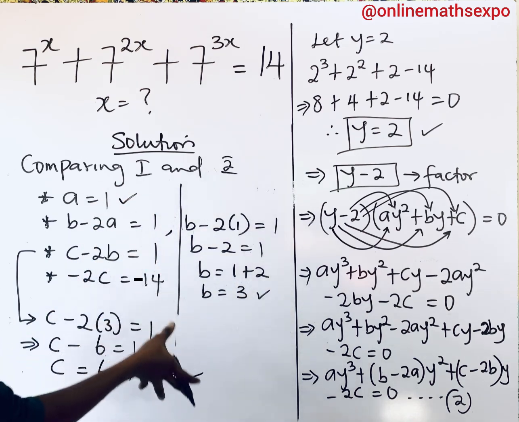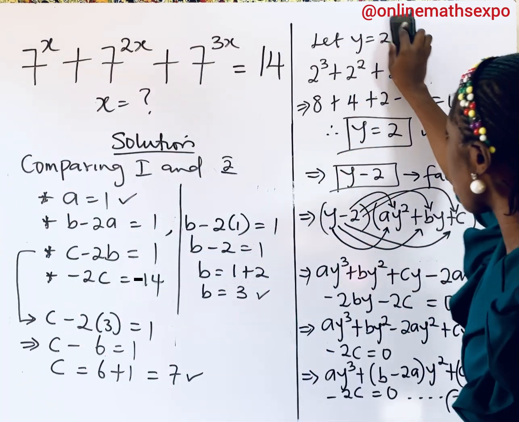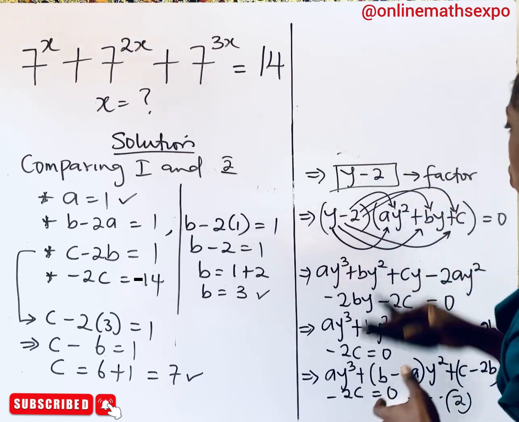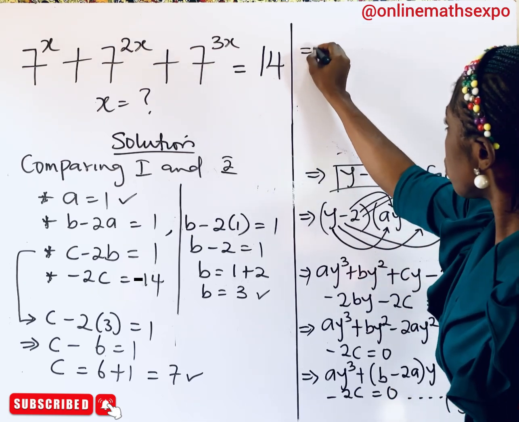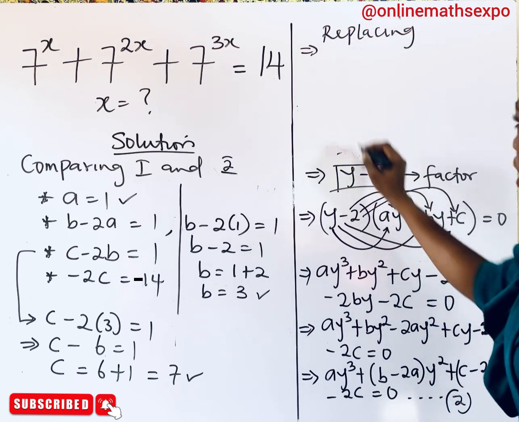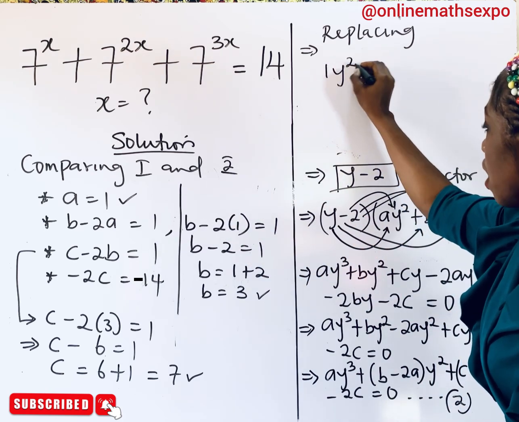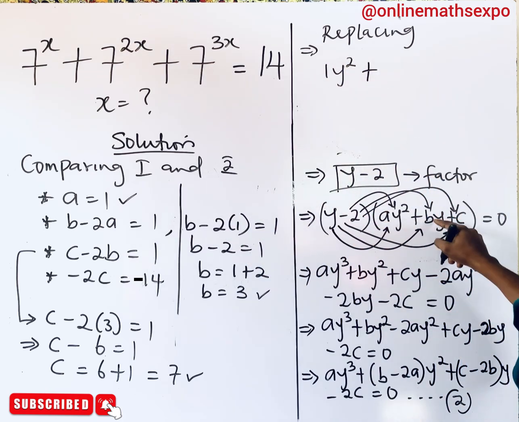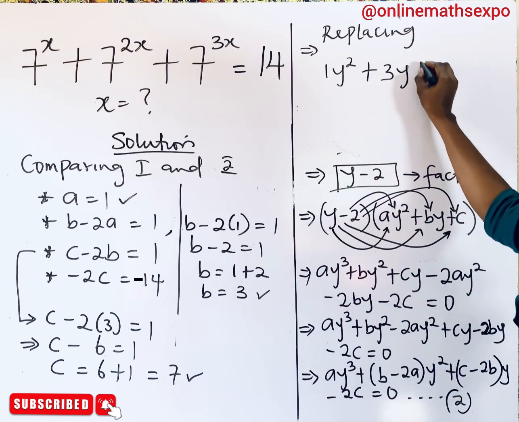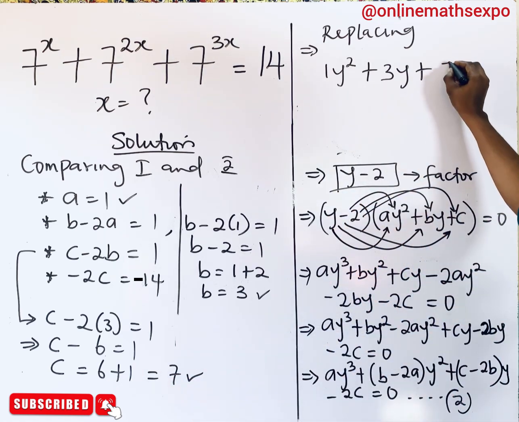So we are going to replace these in the quadratic expression to get the actual quadratic. Our a is 1, so it's going to be 1y² plus, this is b, our b is 3, so it's going to be 3y, and our c here is 7, so we have 7.